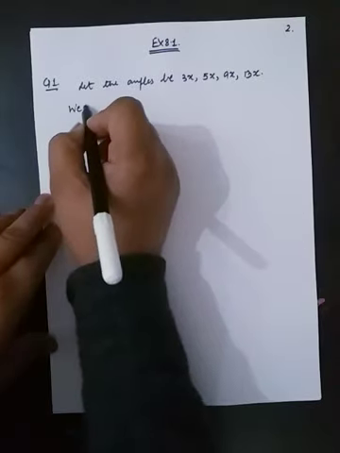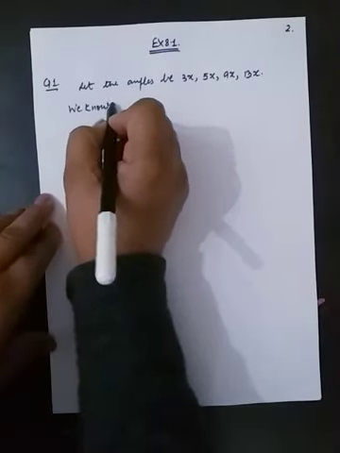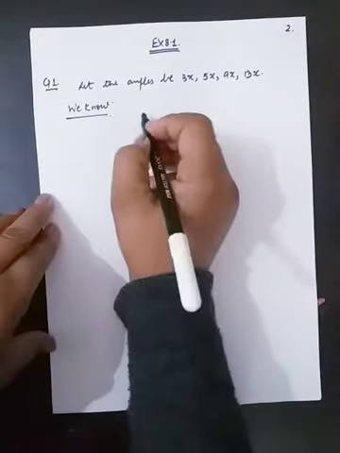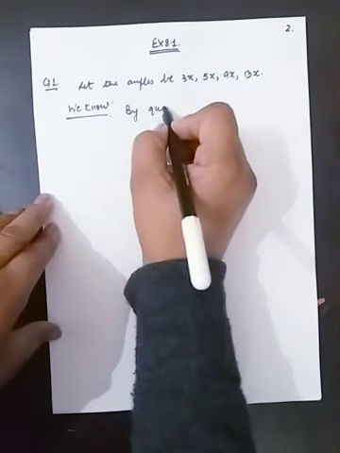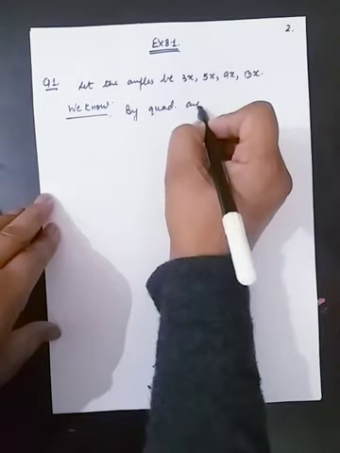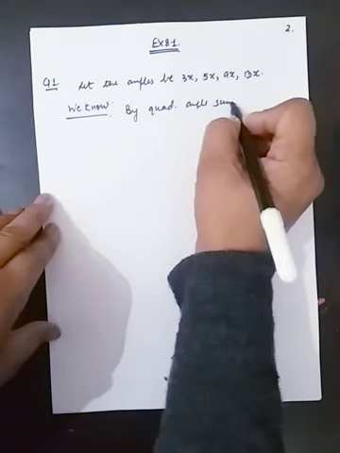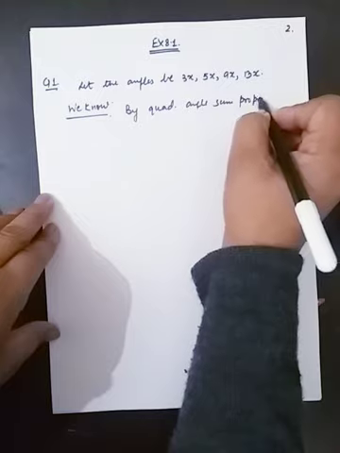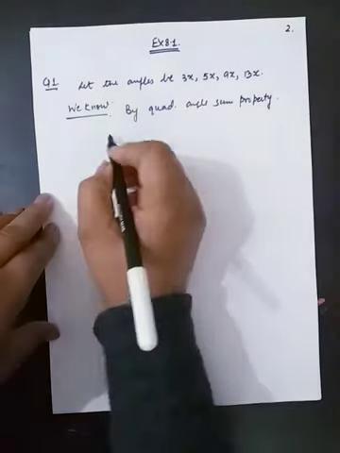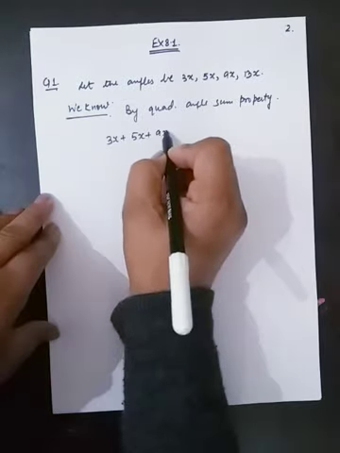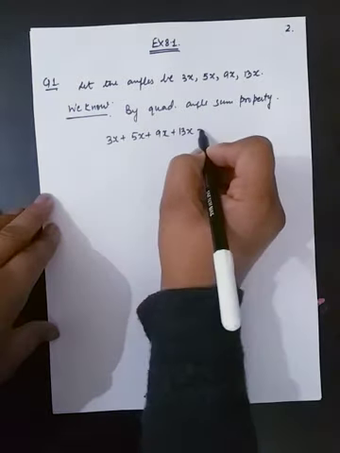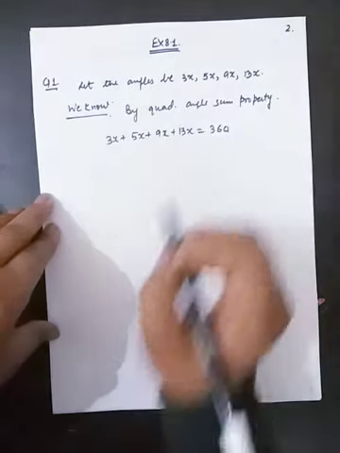And we know that sum of angles of a quadrilateral is 360 degree. By quadrilateral angle sum property, we can write that 3x plus 5x plus 9x plus 13x is equal to 360 degree.